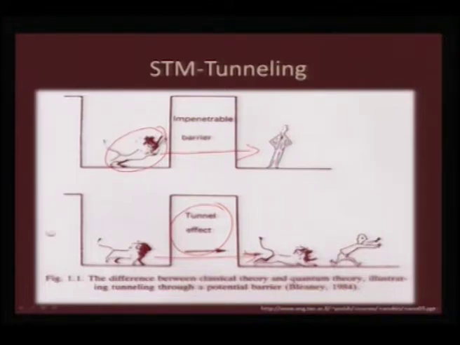So, this is the difference between a macroscopic and a microscopic object. Tunneling is possible even if there is a barrier, and the width of this barrier has to be very small for the tunneling to be sustained. That is the condition that we try to optimize or achieve when we are doing the tunneling experiments.